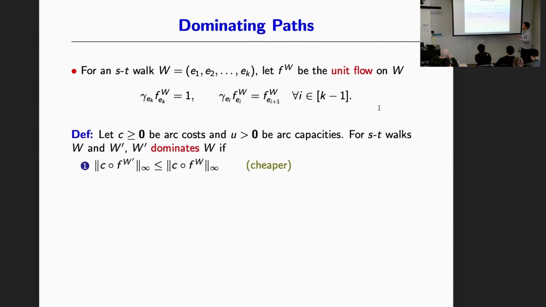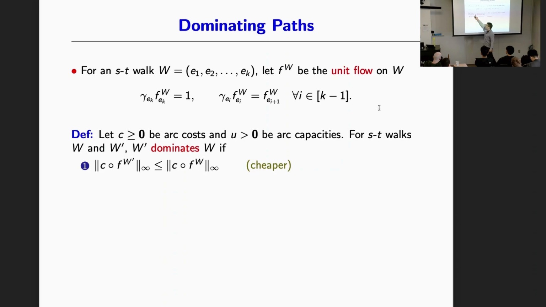Okay, so here's the setting. We have non-negative arc costs and positive arc capacities on every arc. Given two ST walks W and W prime, I say that W prime dominates W if the following conditions hold. The first is that, this circle is the Hadamard product, so inside is a vector. I'm taking the infinity norm.